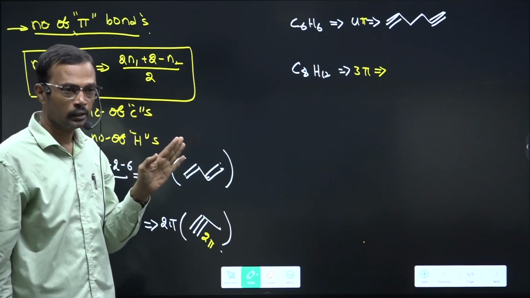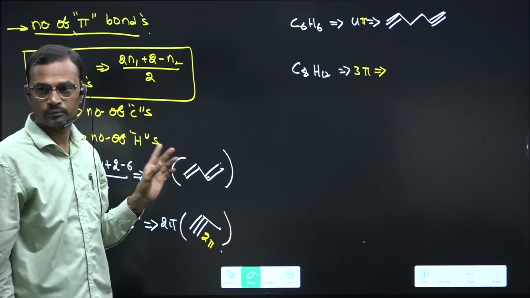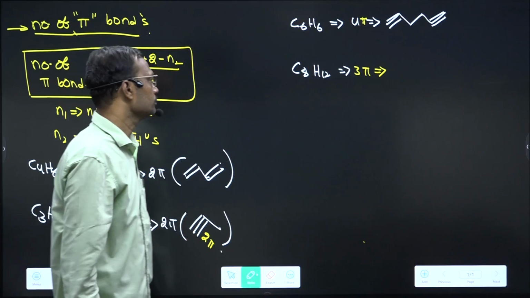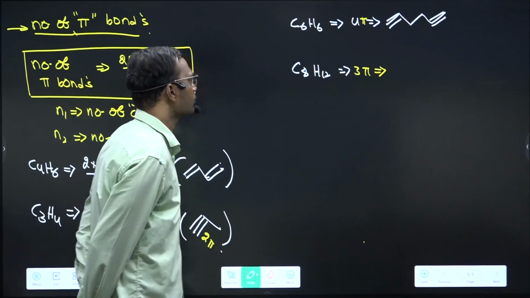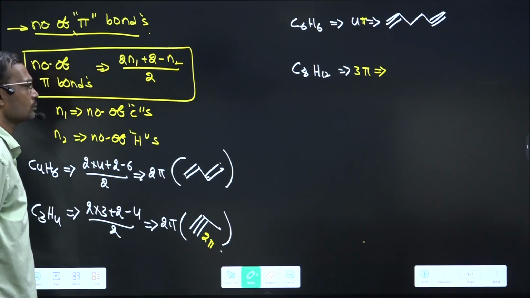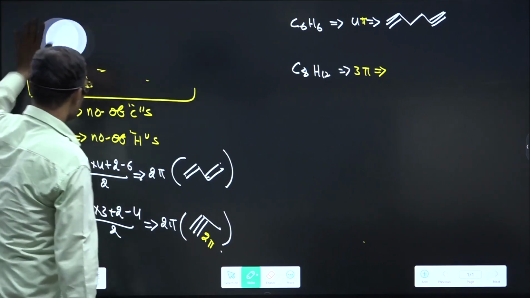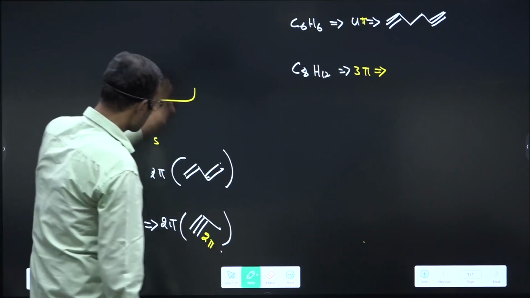You can create a ring, but don't introduce double bonds in the ring. Possible? Right. So that is about sigma bonds and pi bonds.